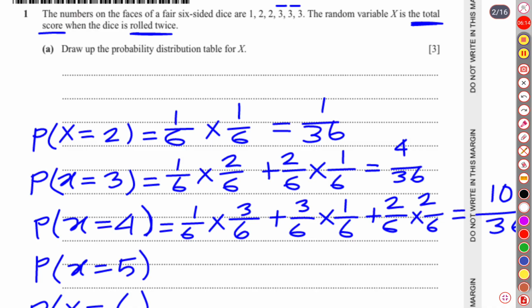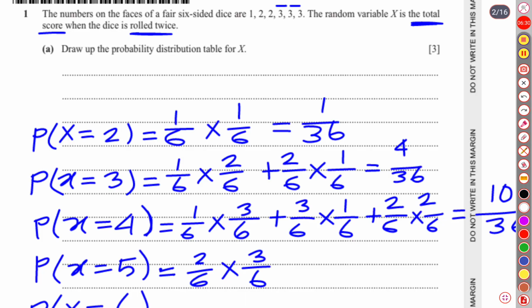For getting a total score of 5, we might obtain 2 first, so 2 over 6, and in the second row we might get 3, so 3 over 6.